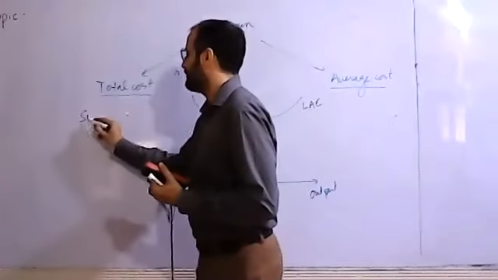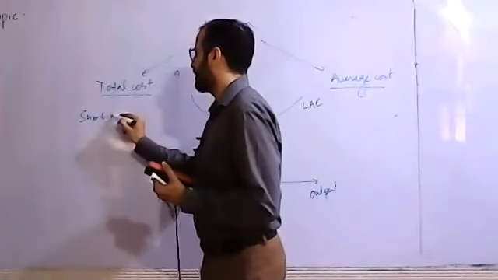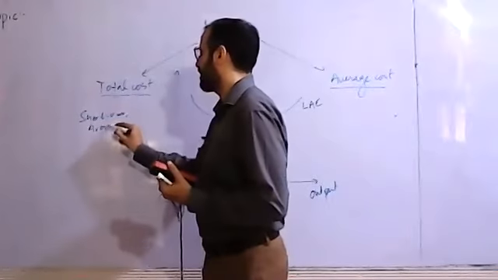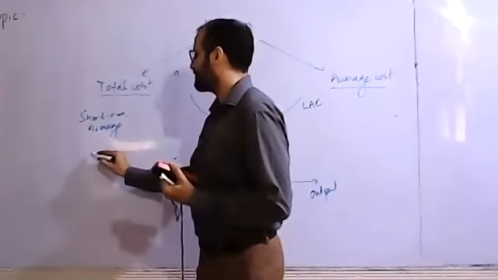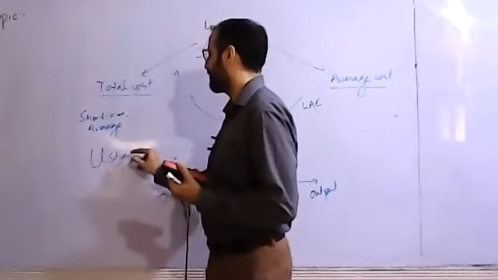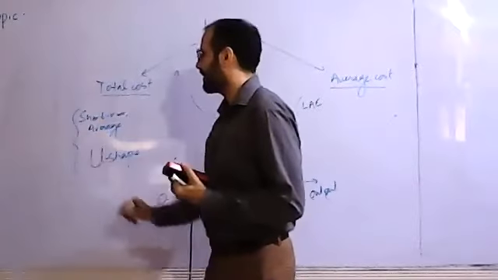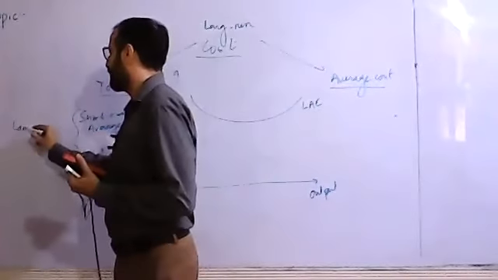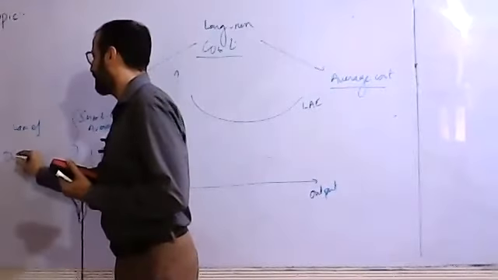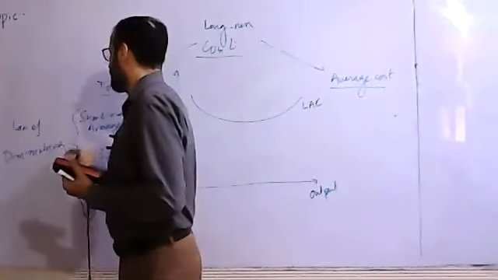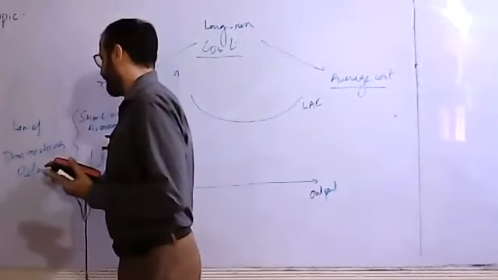In the short run, why is the average cost U shaped? The reason is the law of diminishing returns.